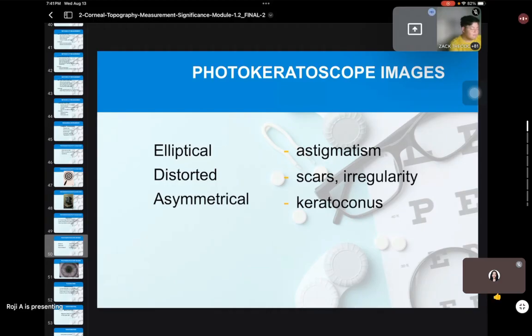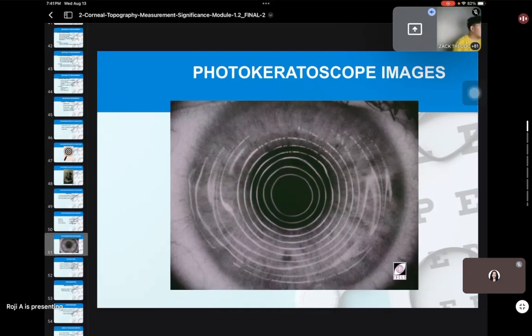All right. So let's end here. So this is a good example of a what? Can someone explain what you're seeing? How are you going to interpret this? Distorted mires. So if it's distorted, what's your interpretation?